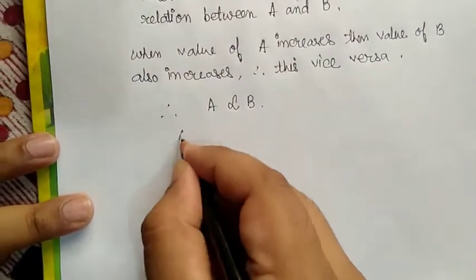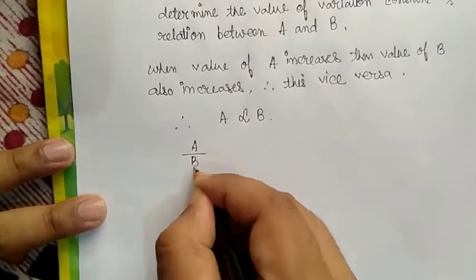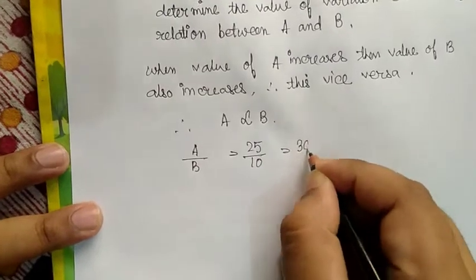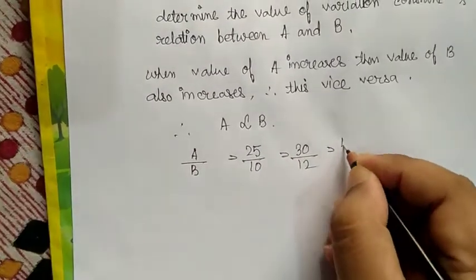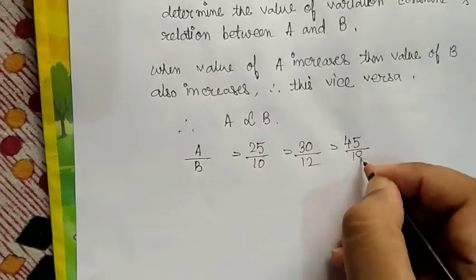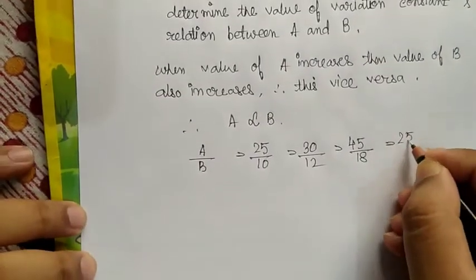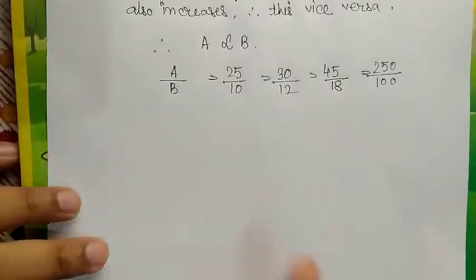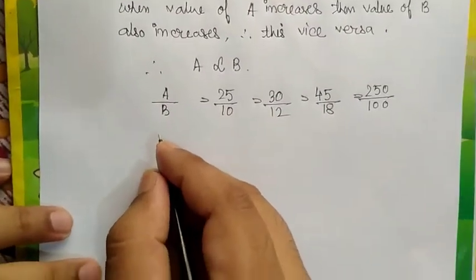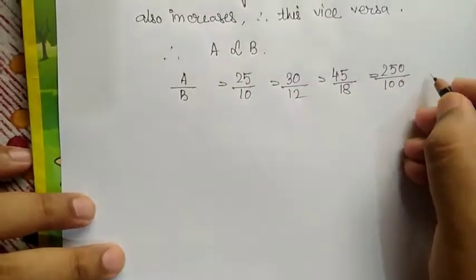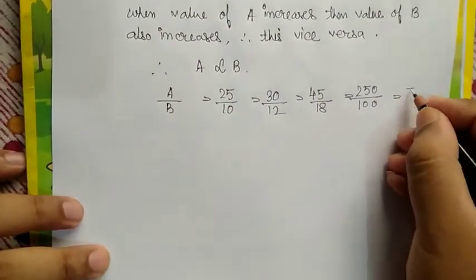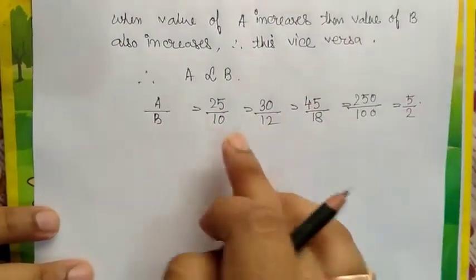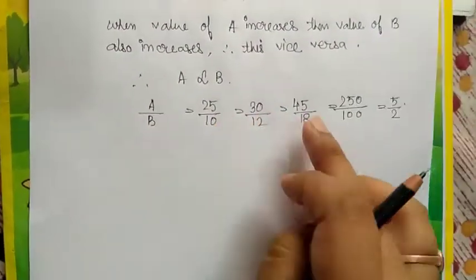Now a by b equal to 25 by 10 equal to 30 by 12 equal to 45 by 18 equal to 250 by 100. Now reduce these values. The answer is always 5 by 2, equal in every case.